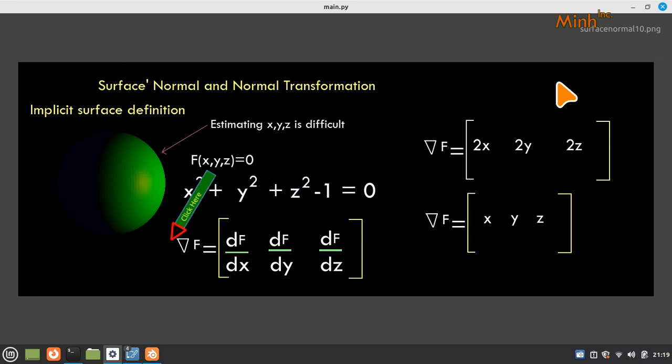Now we find the gradient in x, in y and z. If I calculate like this, 3 gradients, net gradient, then we can get the normal. So easy. So that will be 2x, 2y and 2z in direction of x, y, z.